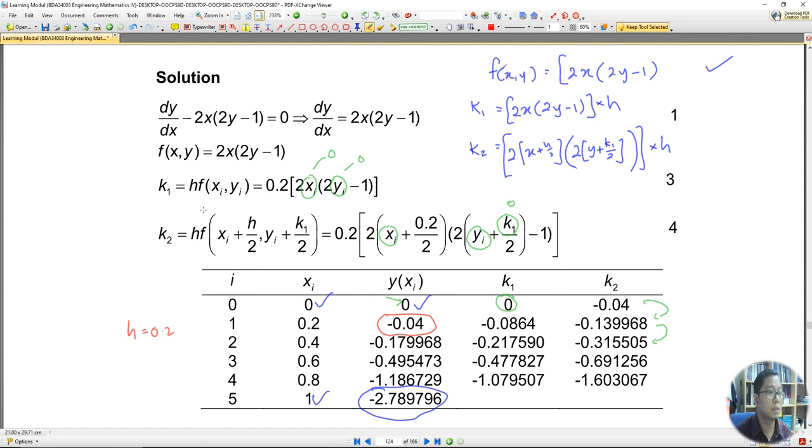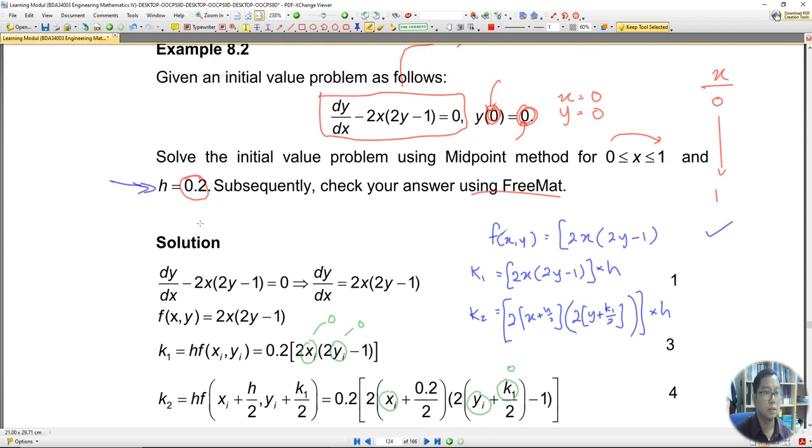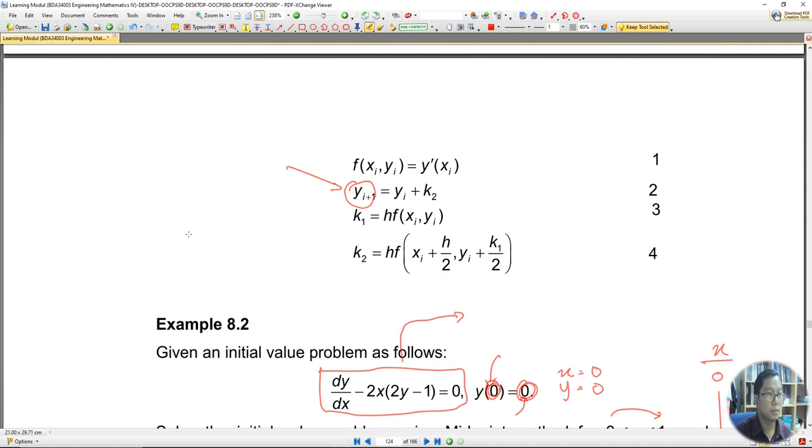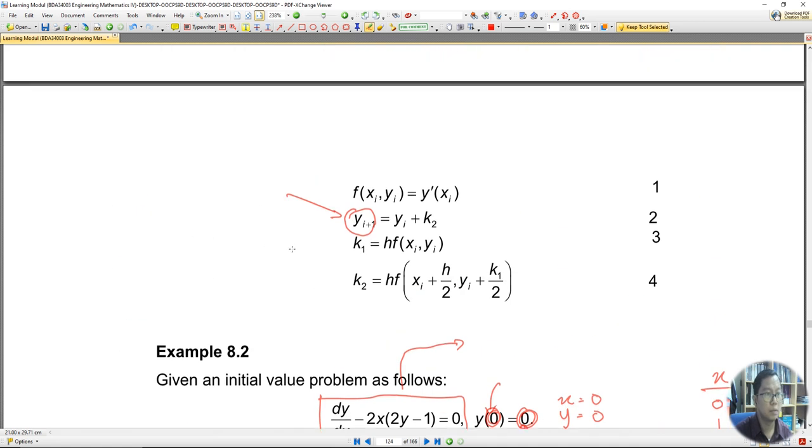But for y, you have to follow this equation.